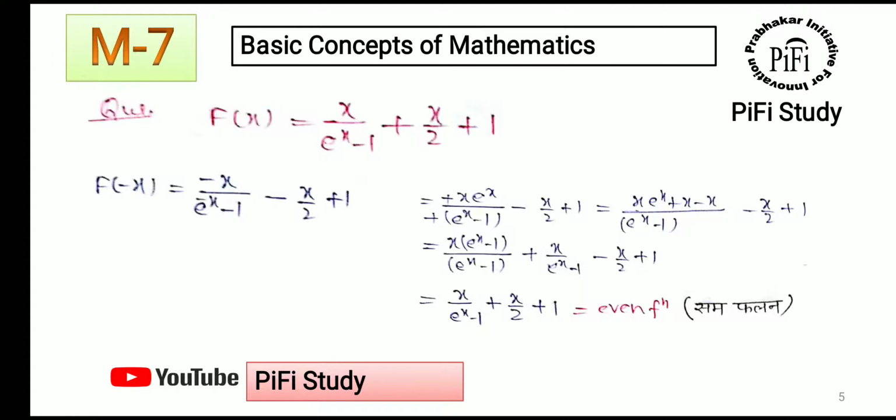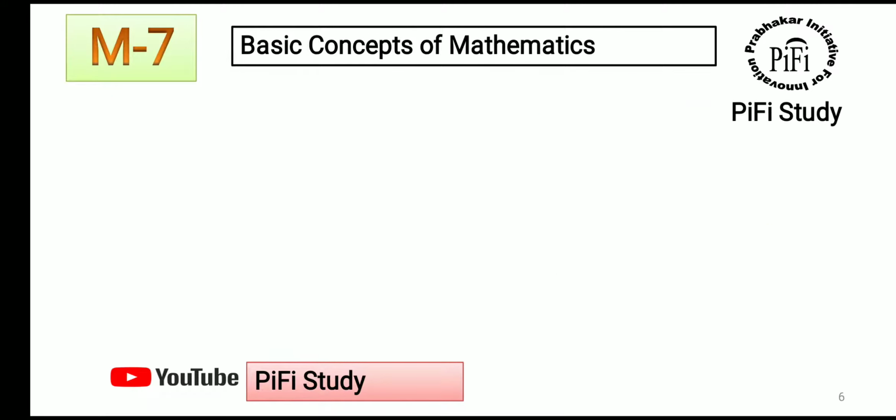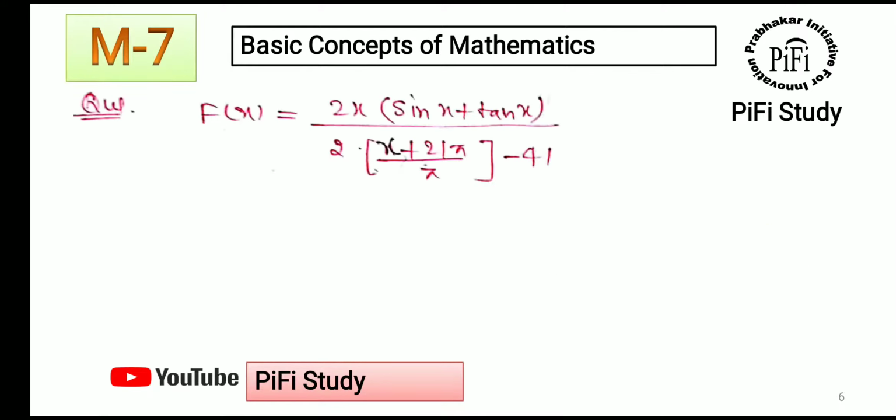So you will see this function is coming like x upon e to the power x minus 1 plus x by 2 plus 1. So this is equal to fx. That means f minus x is equal to fx. So it is an even function. So the answer is even.